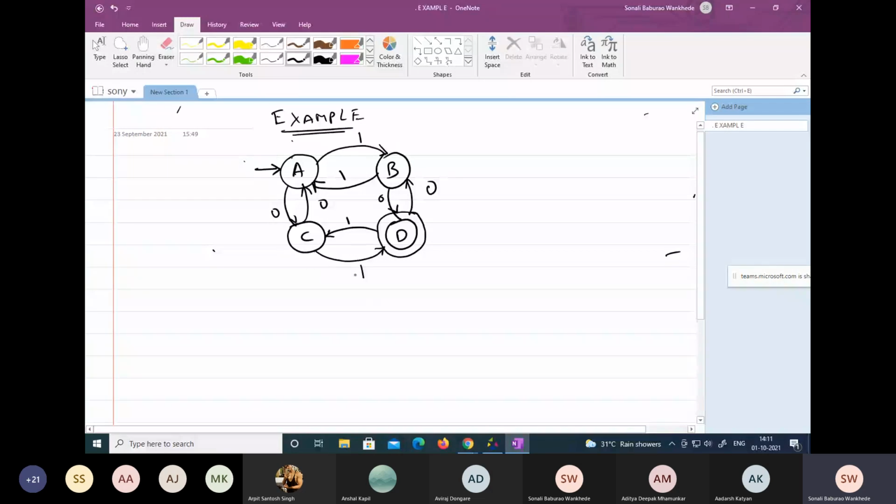The definition of finite automaton is that it is a 5 tuple value and it is given by M. DFA is also a finite automaton, and this is an example of DFA.